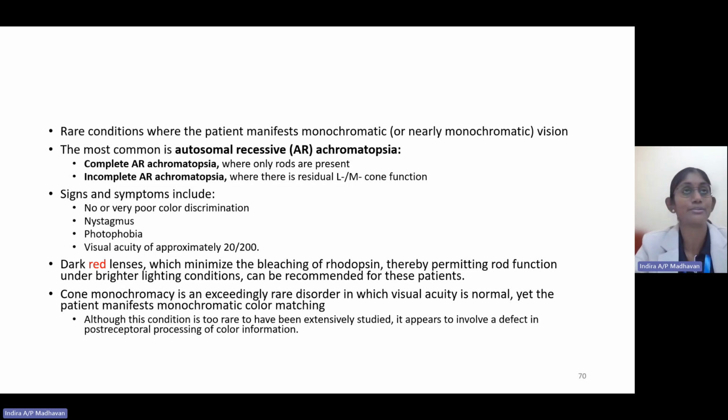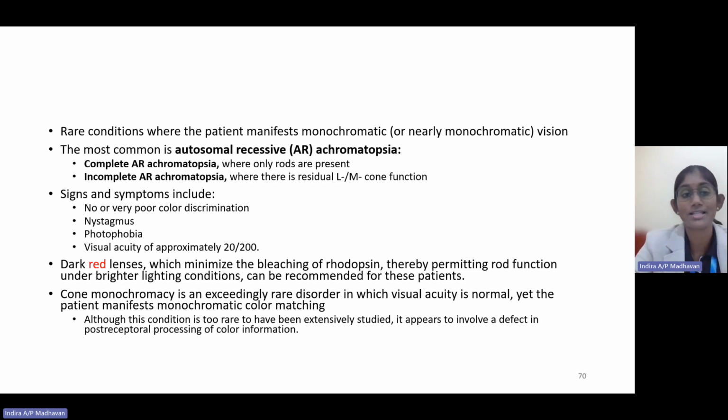That is why when you want to go to bed and switch off the light, in the first few minutes you won't be able to see anything. You feel the room is super dark. But after a few minutes you see more things in the room, because the rods were not activated yet when you switched off the light. Once they are activated, you are able to see things better.